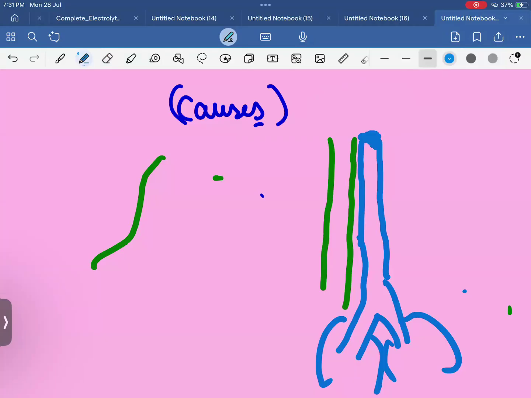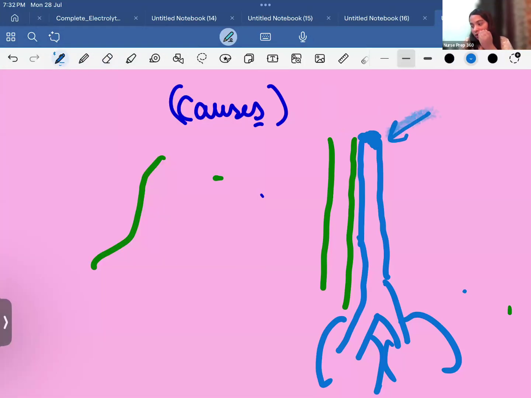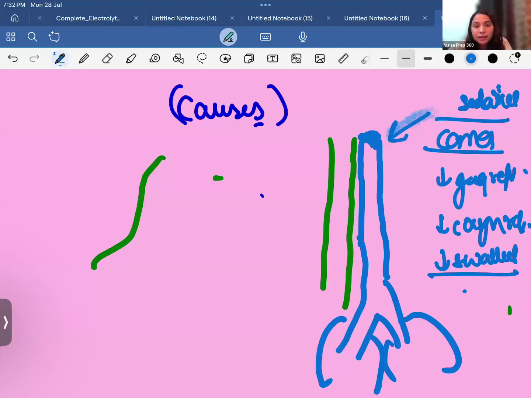But just imagine one thing: if the patient is on any kind of sedative, or the patient is in a coma, or there's a decrease in the gag reflex, a decrease in the cough reflex, and a decrease in the swallow reflex, or for example you're bringing back a patient from anesthesia.